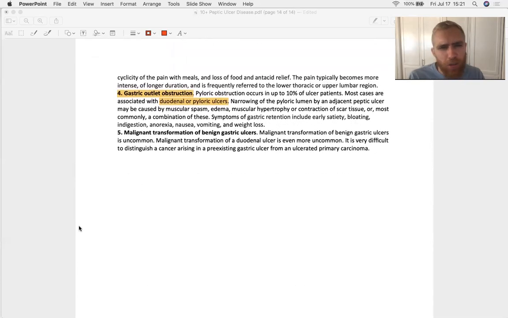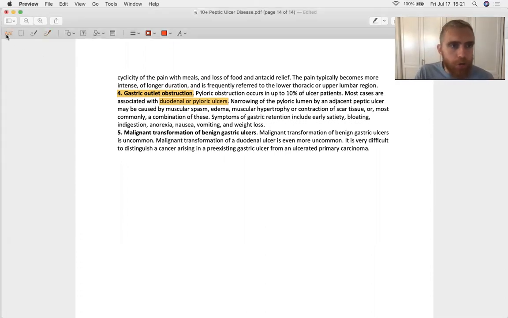And obstruction, associated usually with duodenal or pyloric ulcers, because those are very narrow spaces. That is correct. And oh, that makes a lot of sense. So the obstruction component could come from muscular hypertrophy following a lot of damage. Or scar tissue contraction.